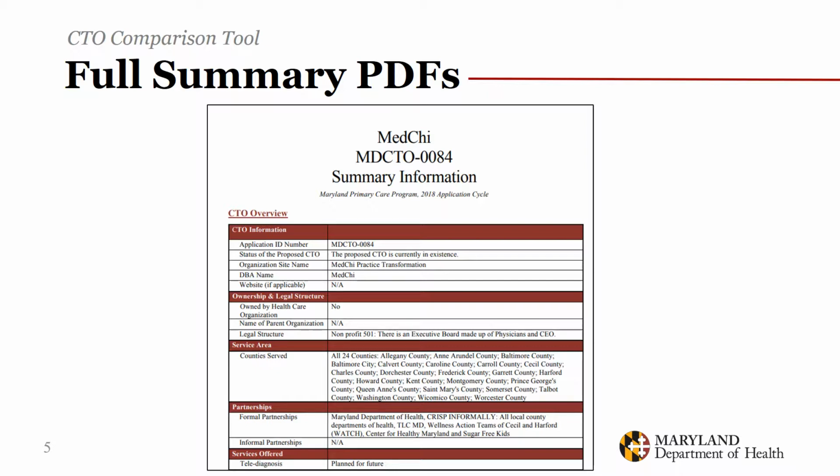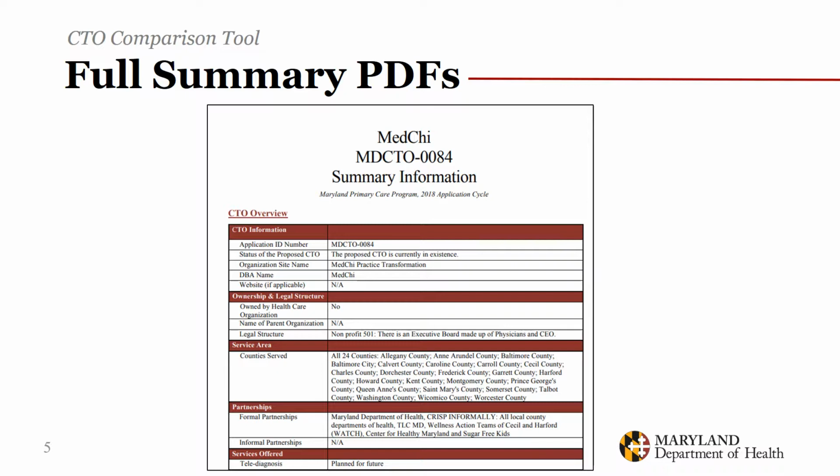Just to give you an idea of the kind of information that's available in these summaries, the first page of each PDF is a table with demographic information about the CTO, how the organization is set up in terms of ownership and legal structure, what other counties they serve, some of the services they provide, and what EHR and other software they're using.